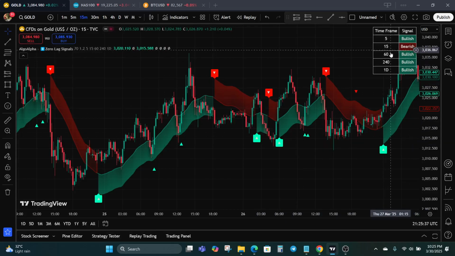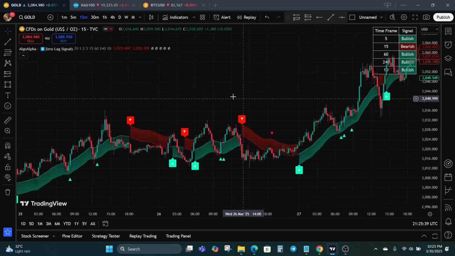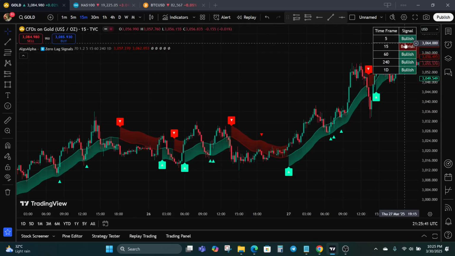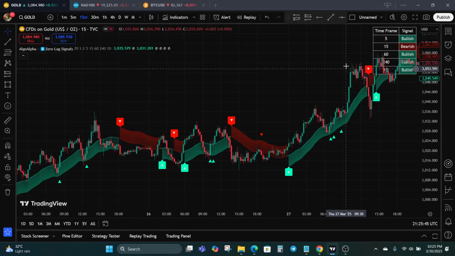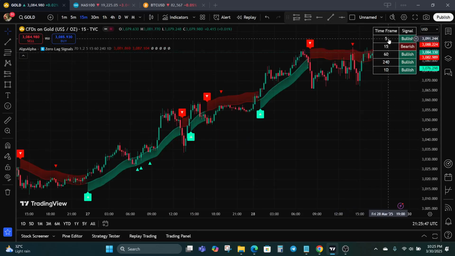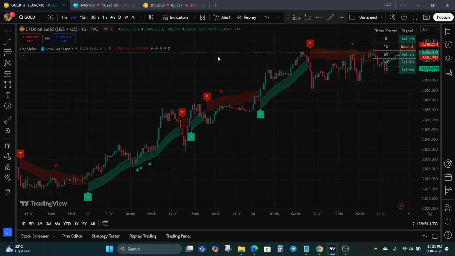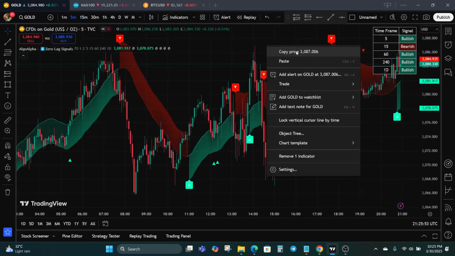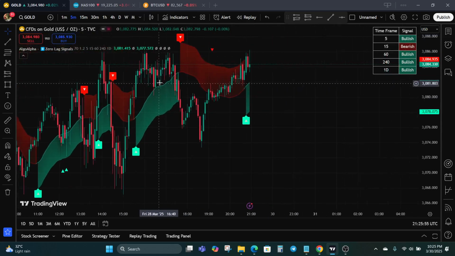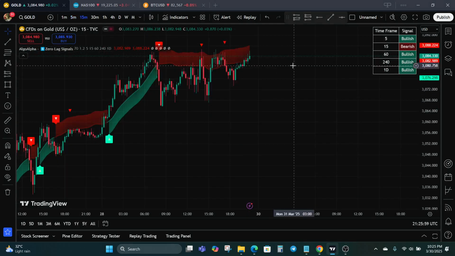And then you can see that this indicator has a multi-time frame function. So you can see that it shows the prevailing trend across different time frames. Let's go to the 5 minutes. We can see that the 5 minutes is currently bullish. You can see the 15 minutes is currently bearish, right?